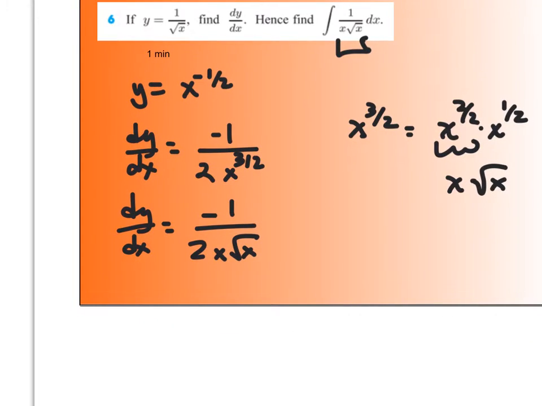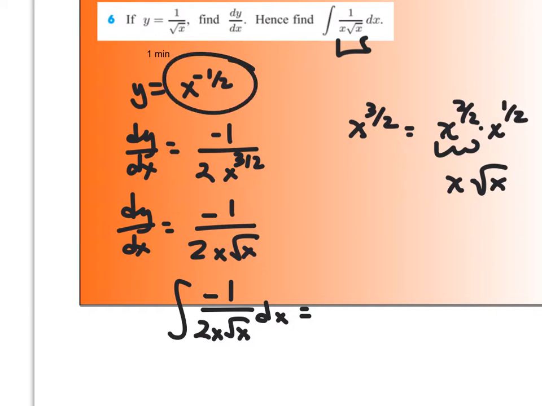So let's find the integral of 1 over x square root x. I know that the integral of negative 1 over 2x square root x dx is equal to what I started with, which is square root of x.